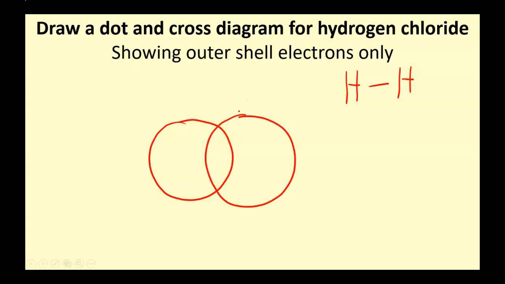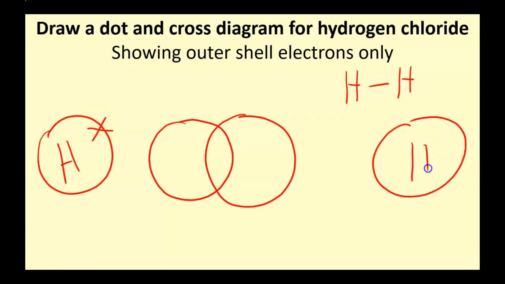We know that it's made up of 2 hydrogen atoms, each of which contains 1 electron in the outer shell. So for example, I've just drawn the 2 which would come together on each side, and when they come together they'll form a shared pair of electrons, and so the diagram will look like this.